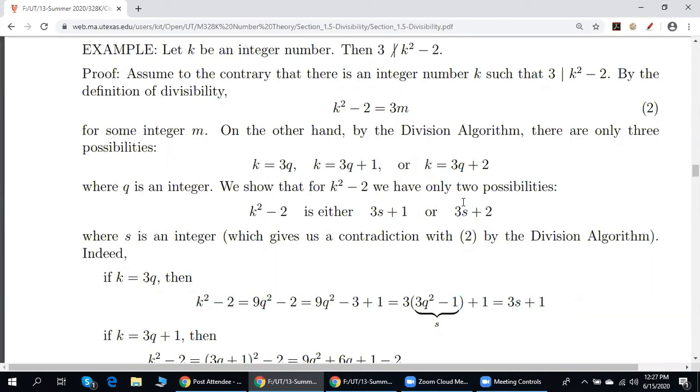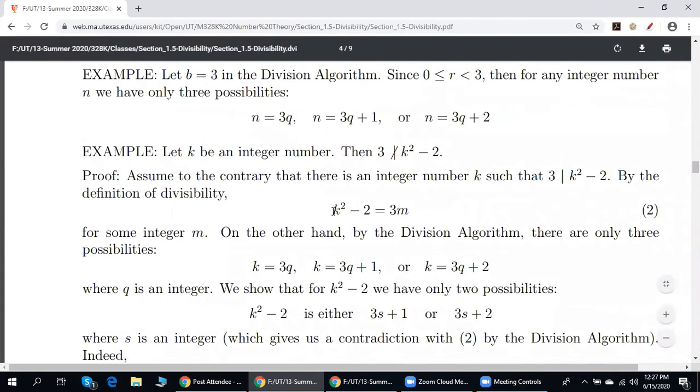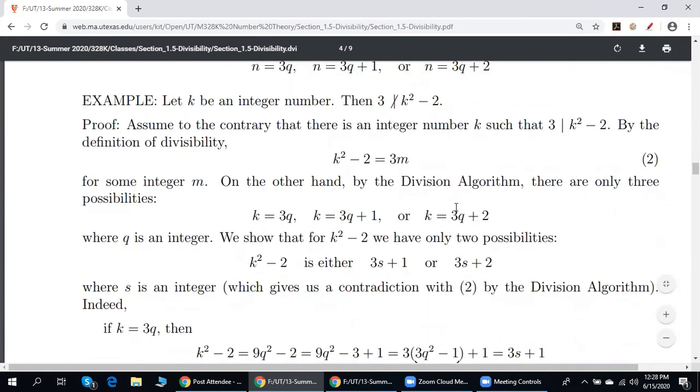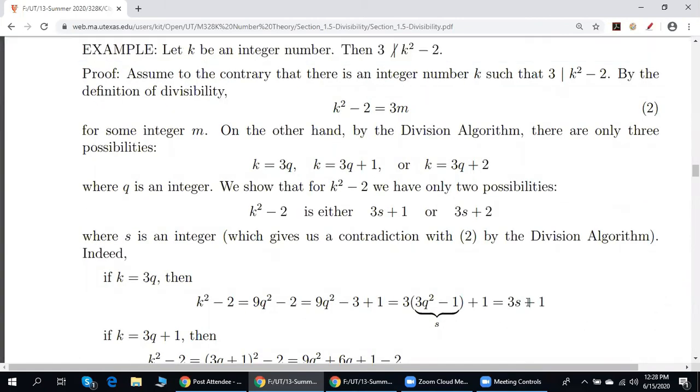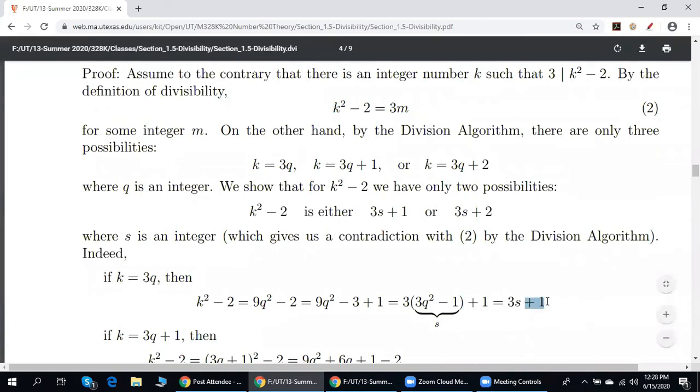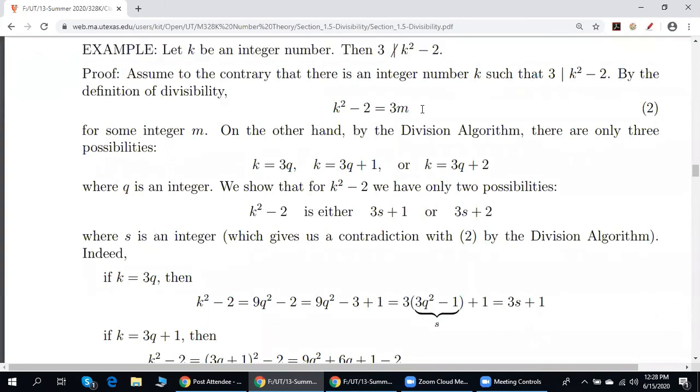But note that if k squared minus 2 is divisible by 3, k squared minus 2 is of the form 3m plus 0. According to what is written here, if k is equal to 3q, the remainder is 1. Therefore, the remainder cannot be 0. We got a contradiction.